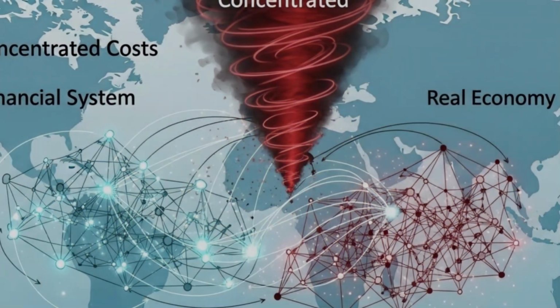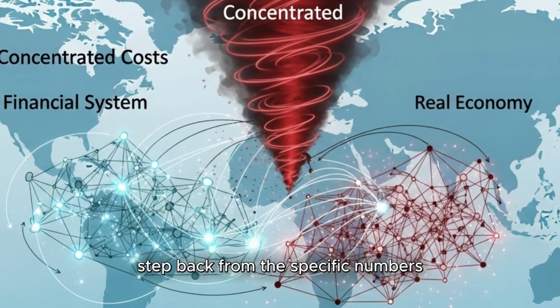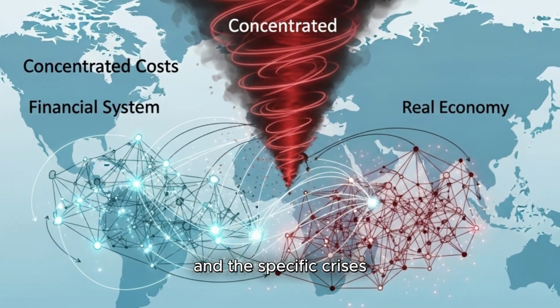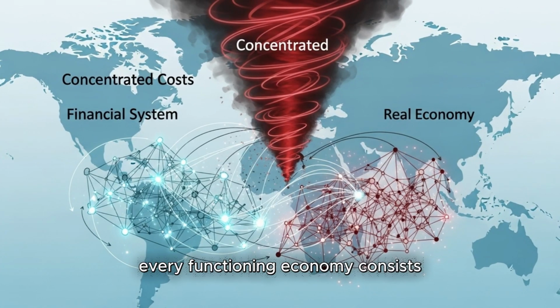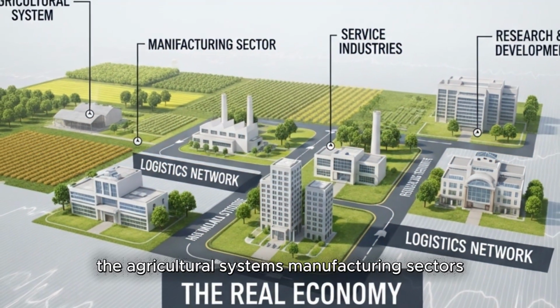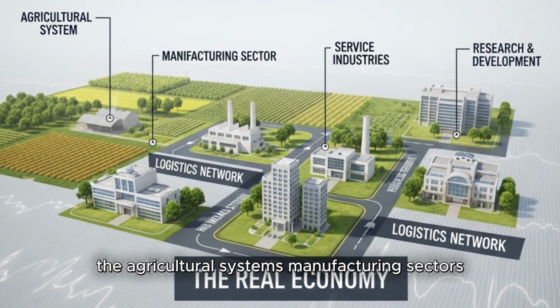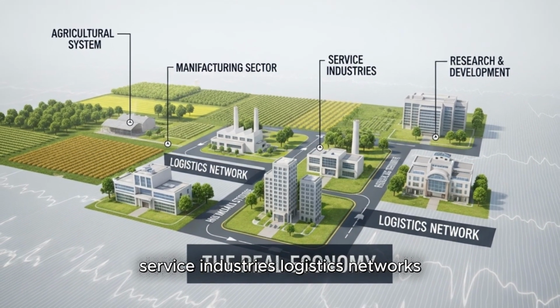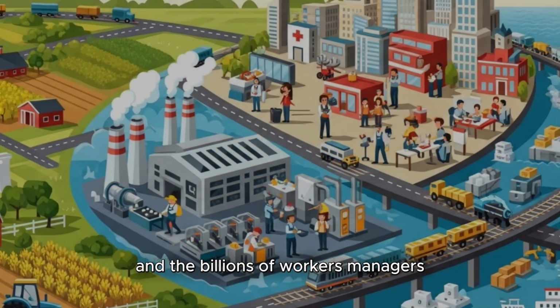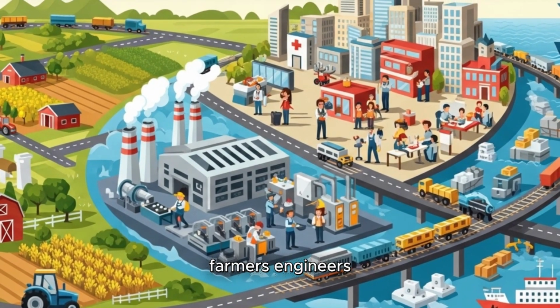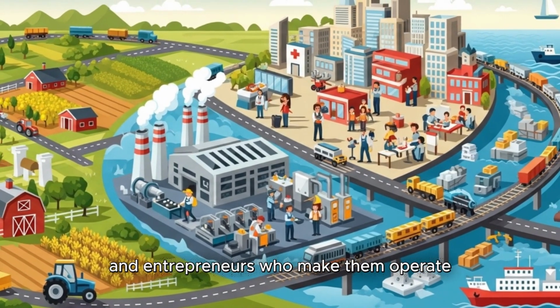Part 8. Step back from the specific numbers and the specific crises. Think about the structure itself. Every functioning economy consists of two overlapping systems. There is the real economy, the agricultural systems, manufacturing sectors, service industries, logistics networks, research and development pipelines, and the billions of workers, managers, farmers, engineers, and entrepreneurs who make them operate.